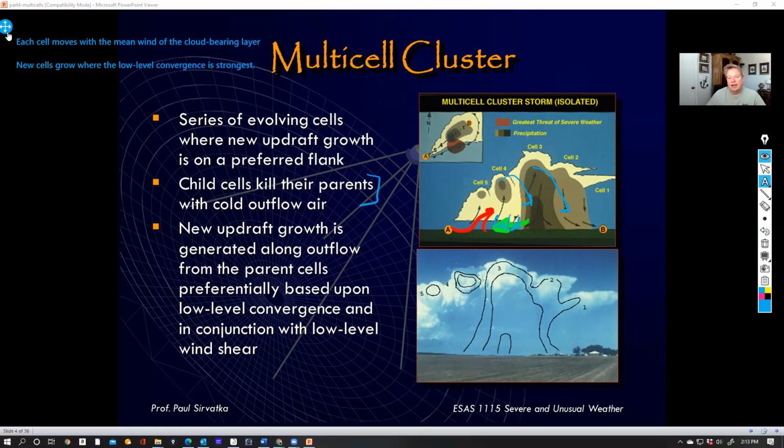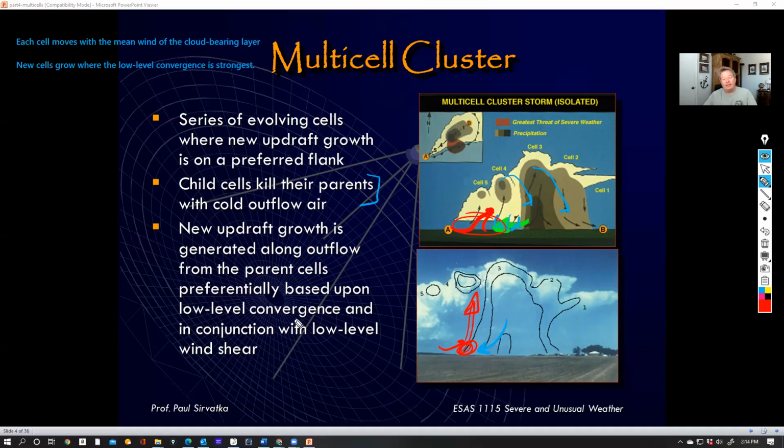So in other words, on this diagram here, if I'm looking at the air coming out this way in the cold air and the warm air is coming in this way, then this area is where new cell growth is trying to go. That's where it's going on. And that's cell 4.